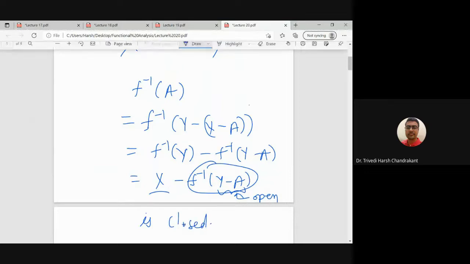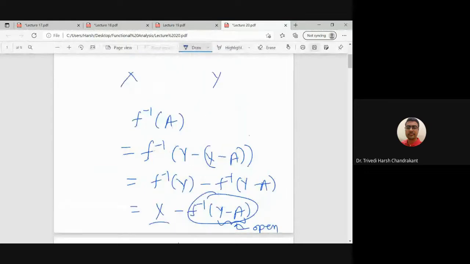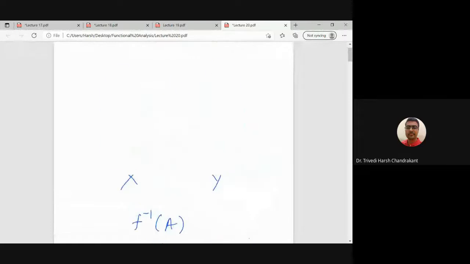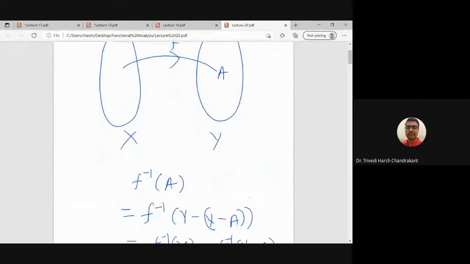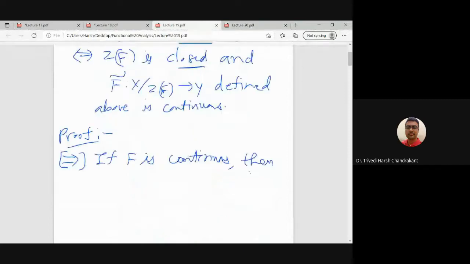So this is a simple proof that we study in topology also. You must have seen this in metric spaces, for continuous functions between metric spaces. If f is continuous, then the inverse image of every closed set is closed. So what is the inverse image of 0? That is the kernel, right?